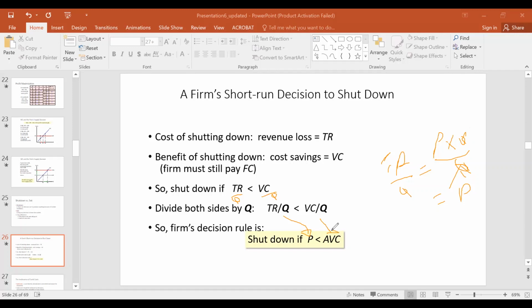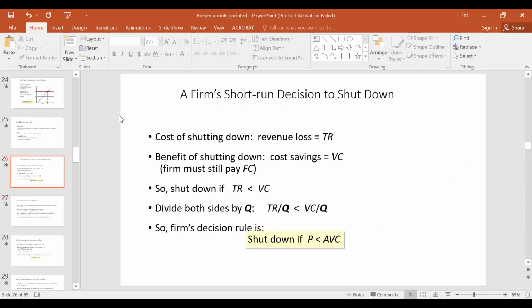So this is the shutdown condition: price is less than average variable cost. A firm shuts down when price is less than AVC. Your price cannot even cover your per unit variable cost, per unit raw material cost. You just have to shut down and produce zero. Because the price you are going to sell the laptop at is even less than the per unit cost of the raw material, your variable cost. So you just have to produce zero and shut down. This is called a shutdown condition. It is usually asked in exams a lot. Please don't forget, a shutdown condition is price less than average variable cost.